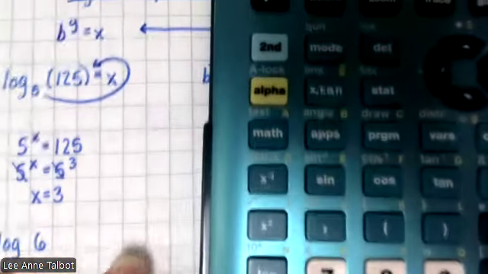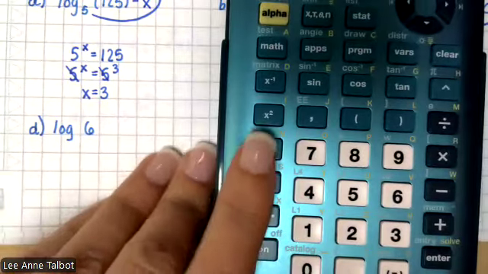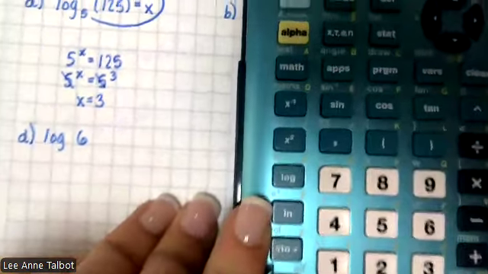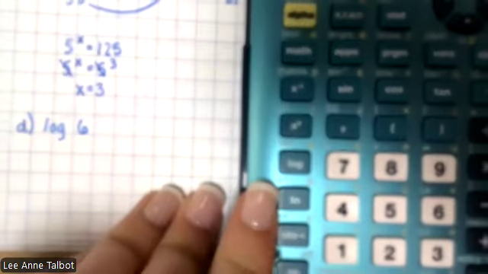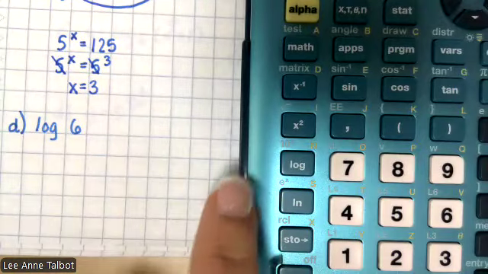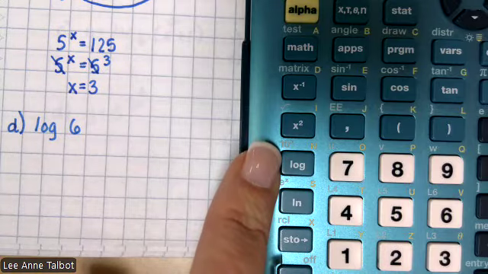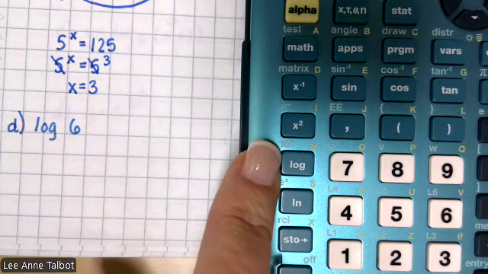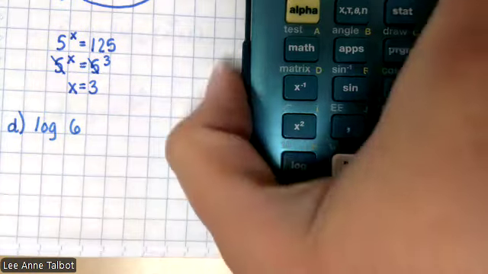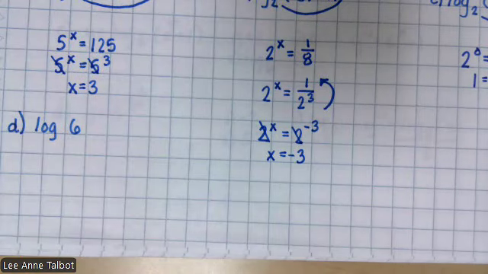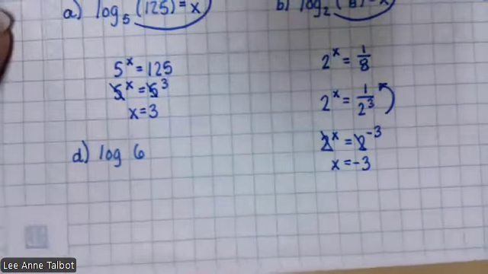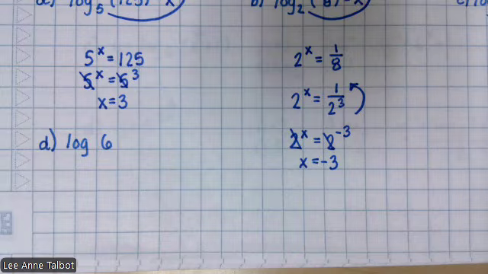I want you to look at the space above the log button and tell me, from my calculator, what do you think the base is of regular log? 10. Can you tell that in the second spot it's got the undoing of it? 10 to the x. Just like when we write a square root, we don't write the little baby 2. Whenever there's a plain log, you're going to have to put a 10 in there.